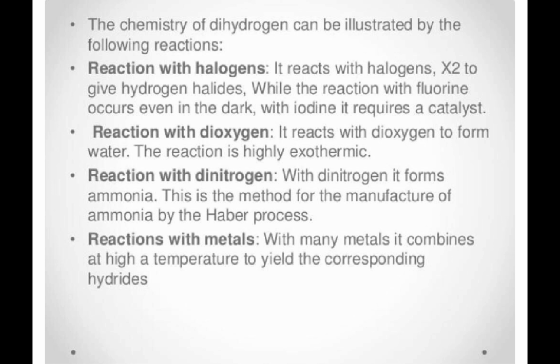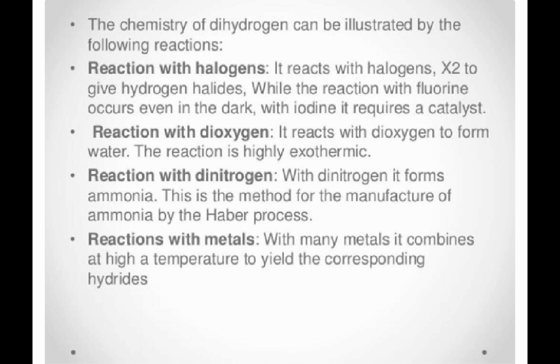The reaction with dinitrogen gives ammonia, a very important process known as Haber's process in the manufacture of ammonia. And it reacts with metals at high temperature to give the corresponding hydrides.